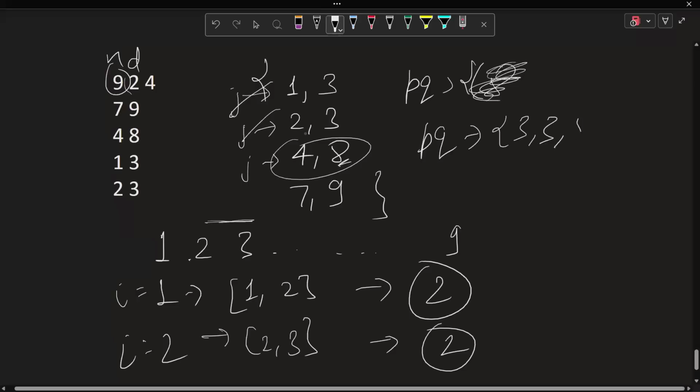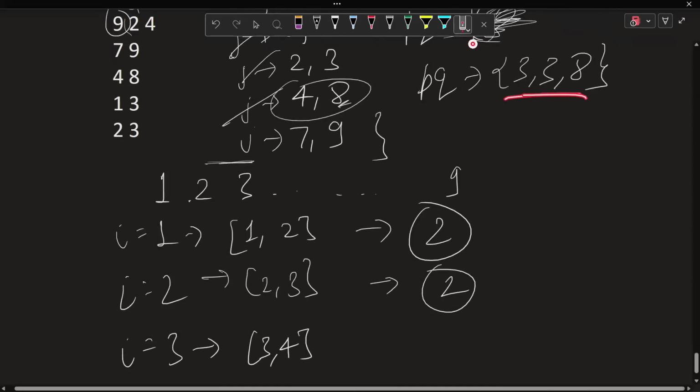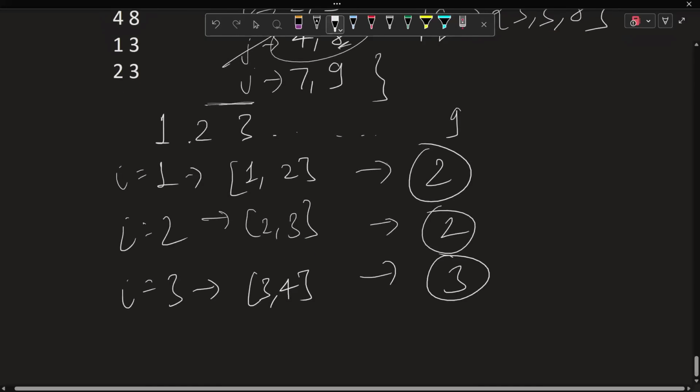Now it would have 3, 3, 8. This would be my priority queue now, and J is again incremented. So this would be the checking. Now I would check for this range. For this iteration, the size of my priority queue is 3, so for this range, the size is 3.